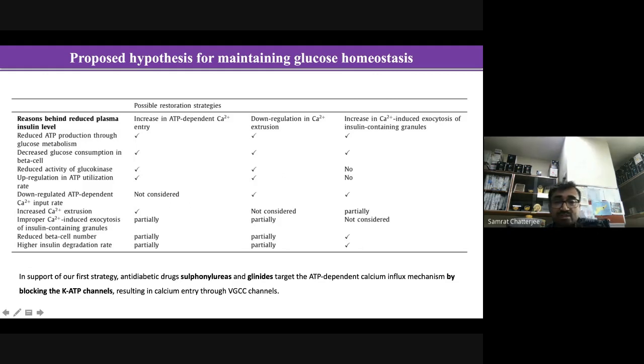There are three parameters whose biological meanings are an increase in ATP dependent calcium entry, down regulation in calcium extrusion, and so on. Those changes can bring back, or restore, some of the observed diabetic conditions.